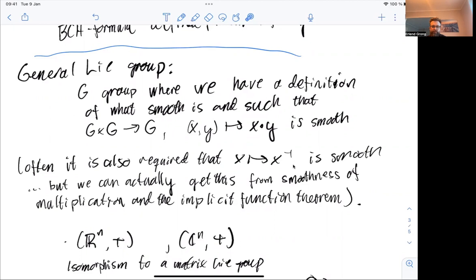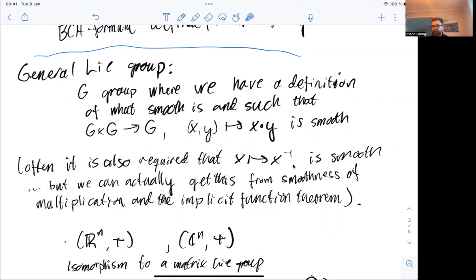And in this setting, the group operation is smooth. And then very often it's also listed that the inversion is smooth, and you can include this in your definition or not.